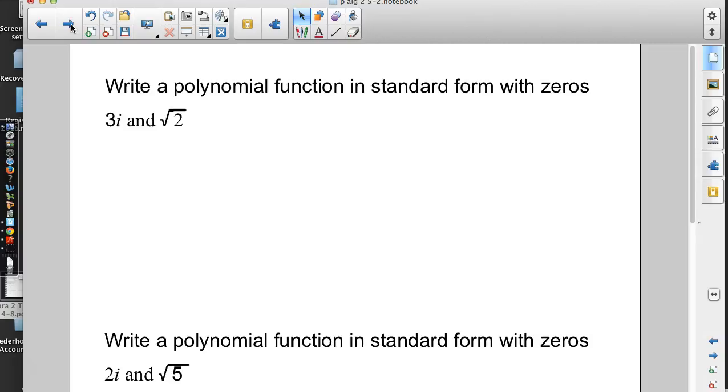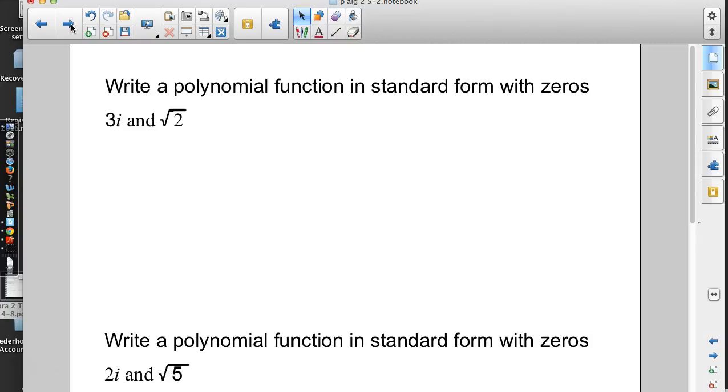If you can't find someplace in your packet, and that drives you bonkers, you can always grab some notebook paper. Just the top one for now, please, so that we're not reading. Right, polynomial function in standard form with zeros 3i and square root of 2.